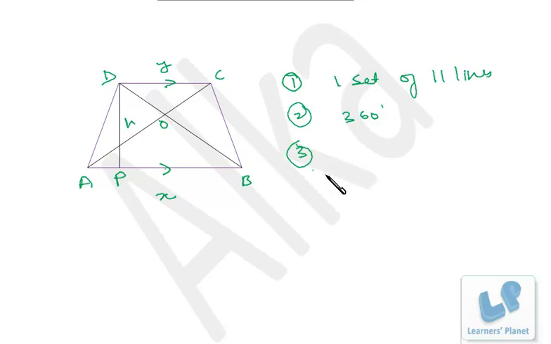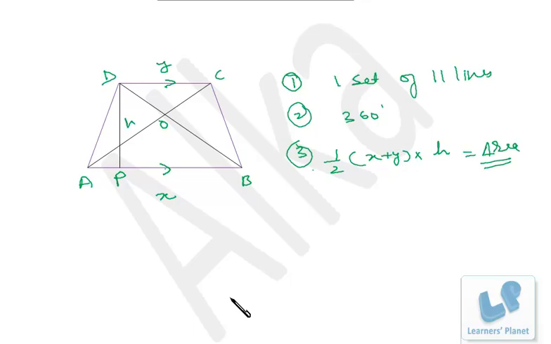Area of this trapezium will be half the sum of parallel sides, that is x plus y, into the distance between them, or we can say the height of the trapezium, that is h. Okay, so this is the area of a trapezium: sum of parallel sides into distance between them, divided by 2.